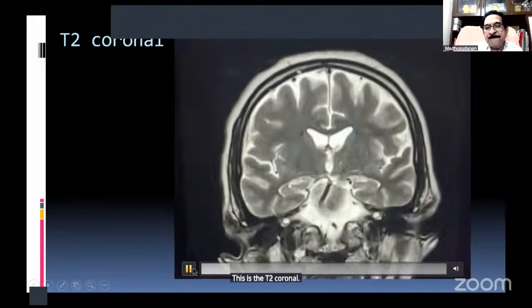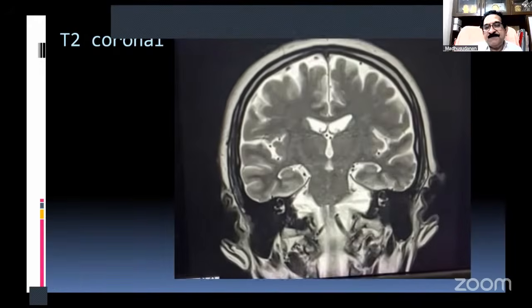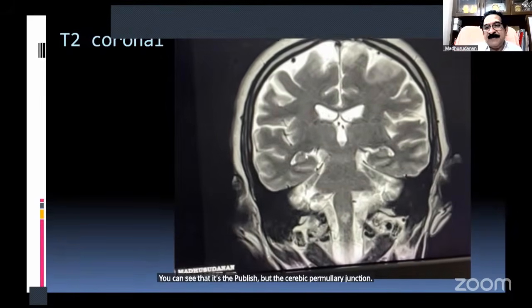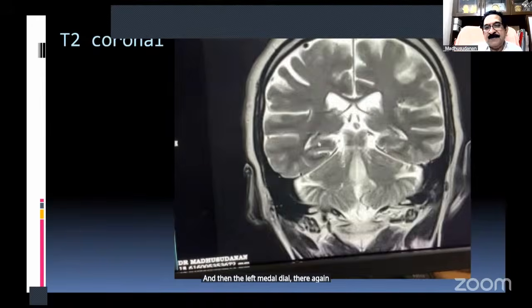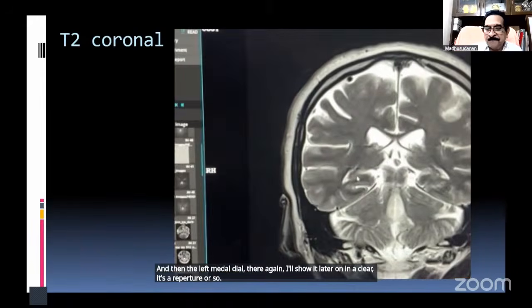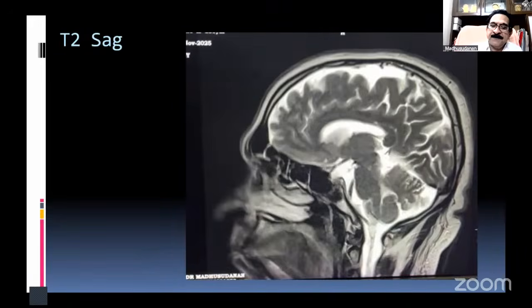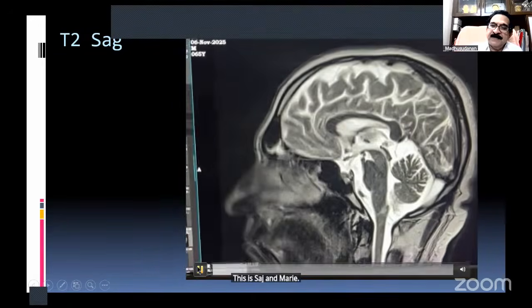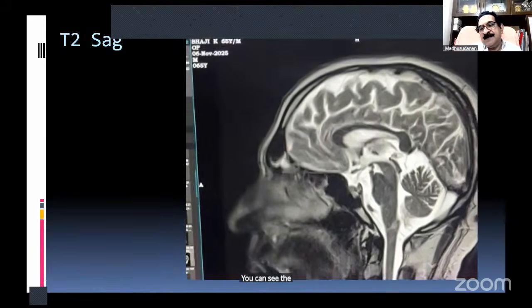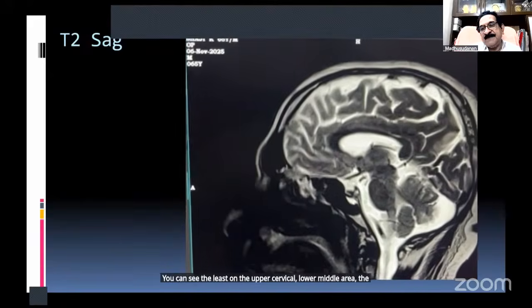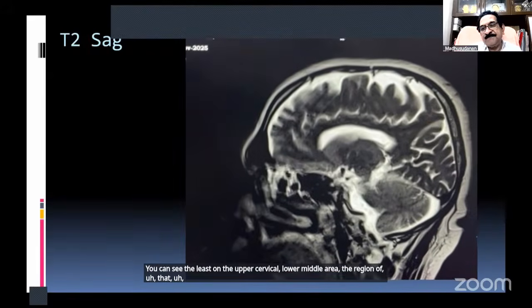You can see the uppermost part of the cervicomedullary junction, and another lesion on the left medulla. This is the sagittal MRI. You can see the lesion in the upper cervical, lower medulla region.